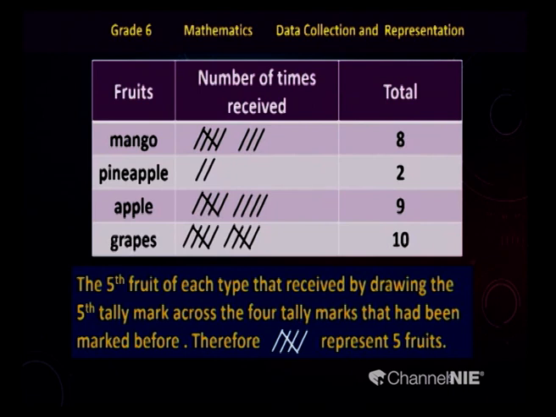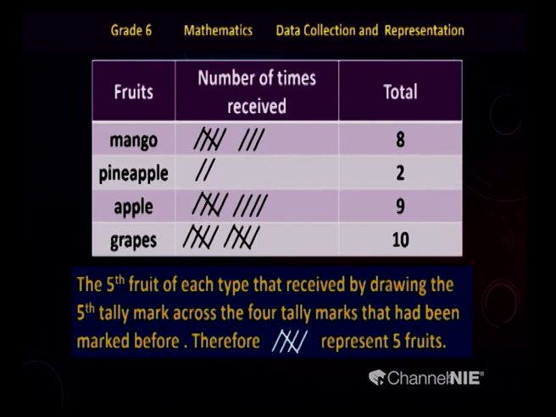Here 1, 2, 3, 4. After the 4th tally, you cross it out, so you can represent these 5 fruits using these tally marks. It is very easy to understand compared to the earlier table.